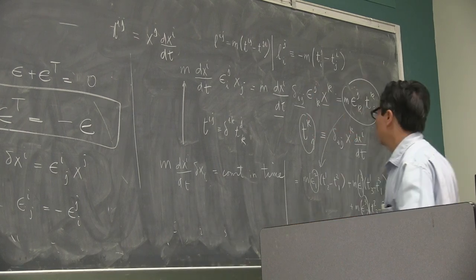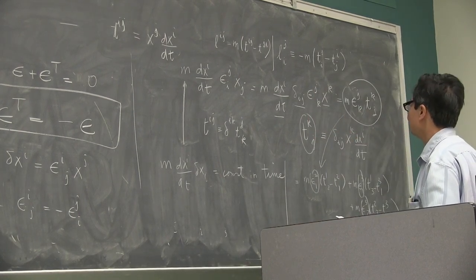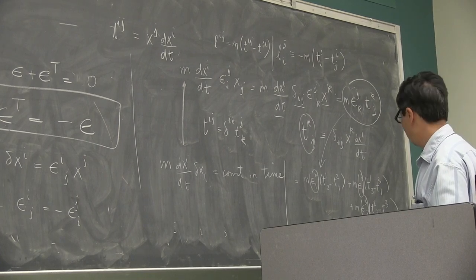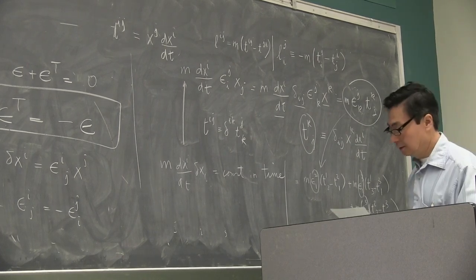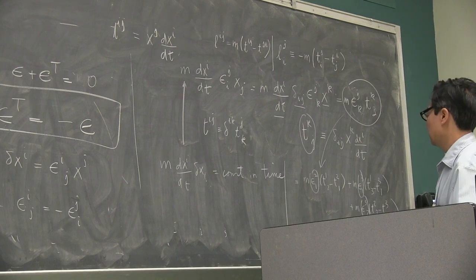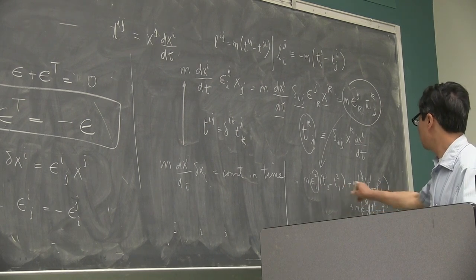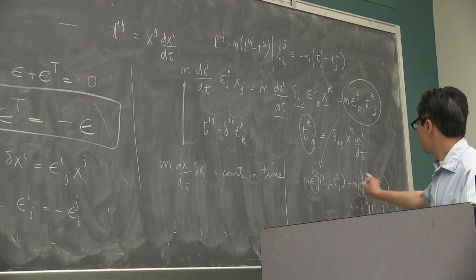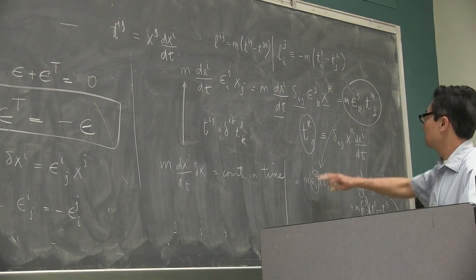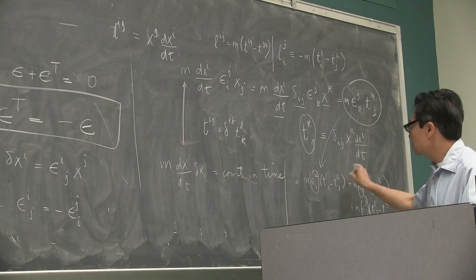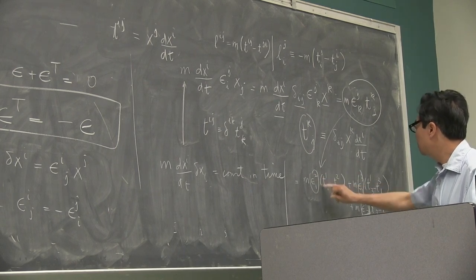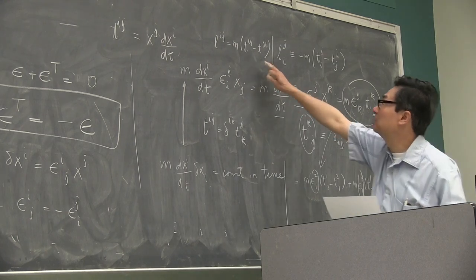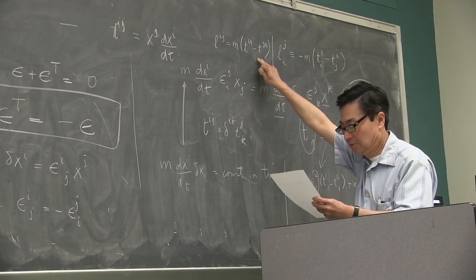And so what I can conclude now is that the L^ij's must be constant. This is because these epsilons are independent, right? And so it means these guys are conserved because the whole thing is conserved. Epsilons are independent, so each of these guys must be independent of time. So each of the L^ij's must be independent of time.